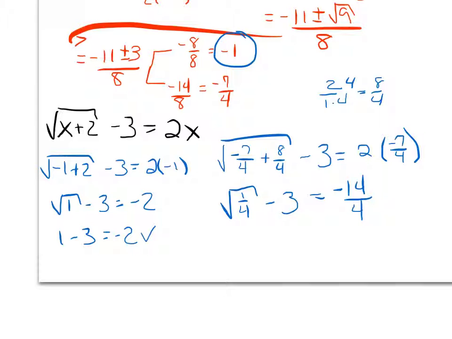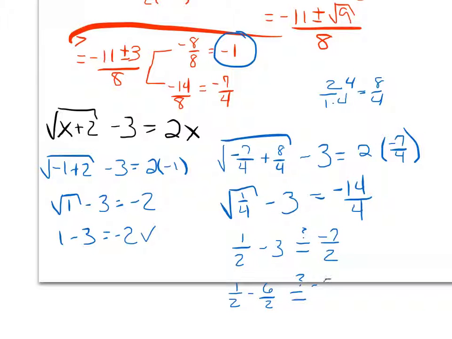Well, the square root of 1/4, I know the square root of 1 is 1. I know the square root of 4 is 2. So therefore, the square root of 1/4 is 1/2 minus 3. Does that equal negative 14 over 4 or negative 7/2? Well, 1/2 minus 3, so I need a common denominator, so I'm going to multiply 3 over 1 by 2, and I get 1/2 minus 6 over 2.